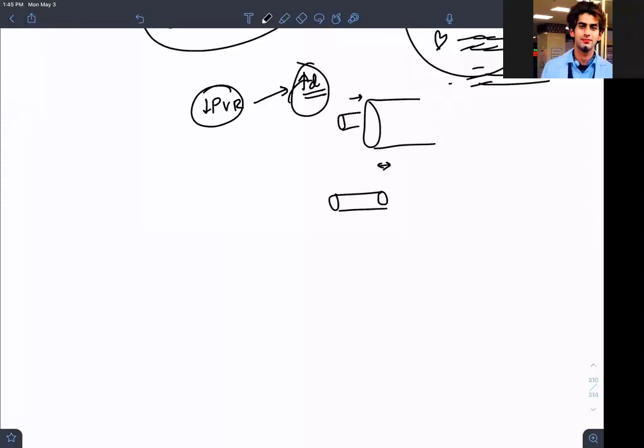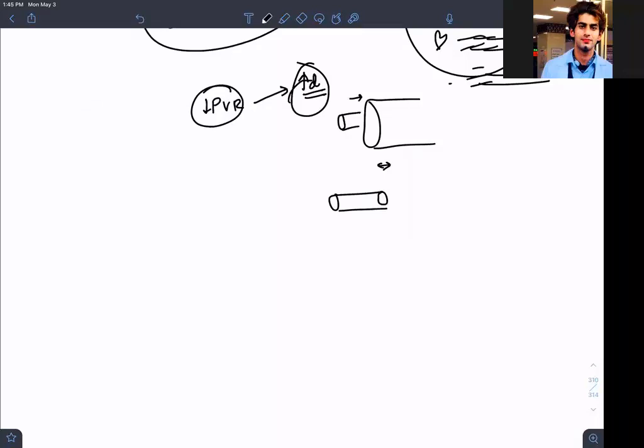And this 1/10th is because of large diameter vessels, short length, and more parallel vessels. Though it is 1/10th of SVR, it has a greater amount of parallel arrangement than the SVR, than the systemic circulation.